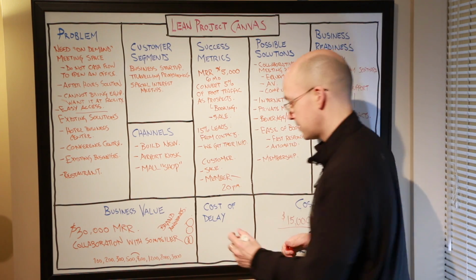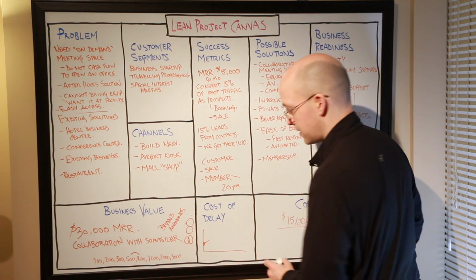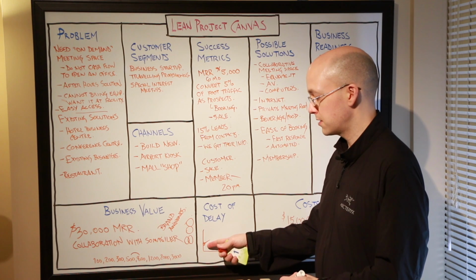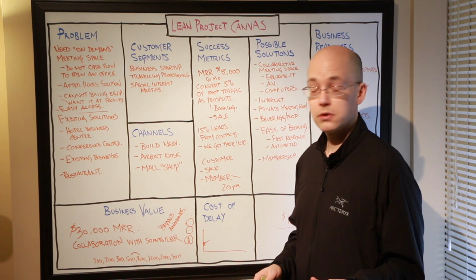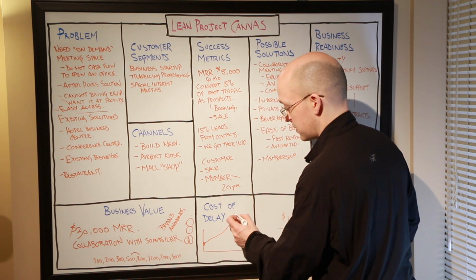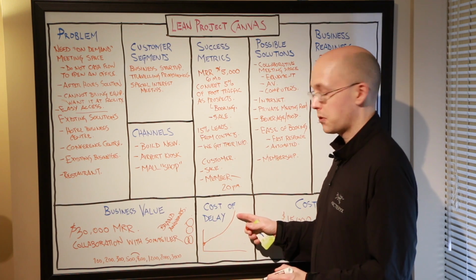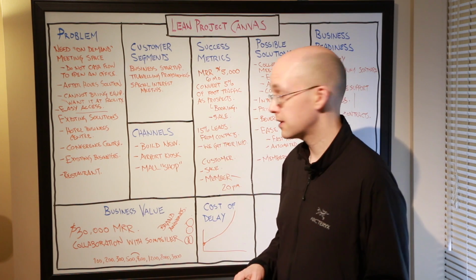So what that might look like is the cost of delay is going to start with an amount upfront that we're going to have to put in, but after that it's going to go up, and it might actually increase quite exponentially as spaces fill up within the development that I want.